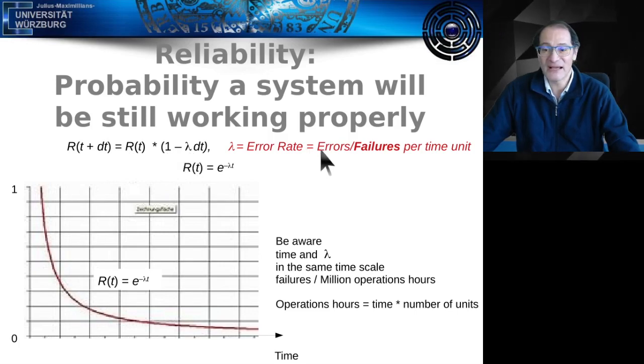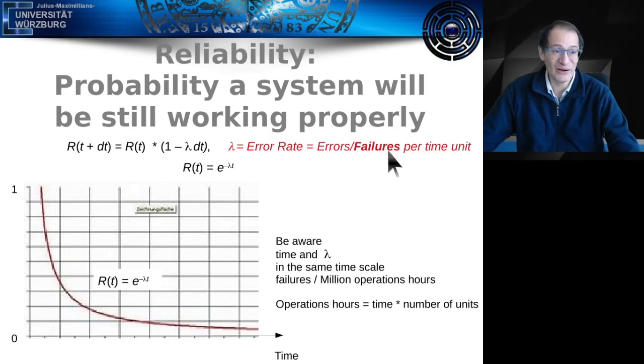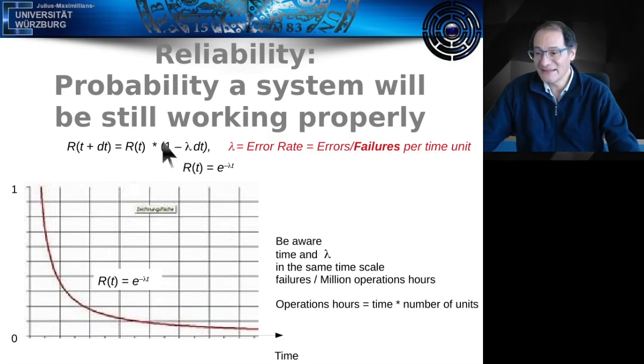Do you remember, error rate is expressed in failures per unit of time? Maybe 3 errors per million hours. And the multiplication of both is this: the reliability for this time period of T is e to the power of minus the error rate multiplied by the time period.